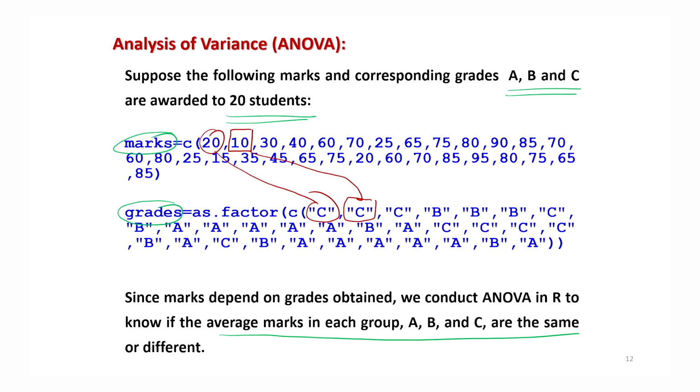For example, both these students who have got marks 20 and 10 have been given the grade C, whereas somebody who has obtained marks 60 has got the grade B, right. And another student who has got marks 40 has also got the grade B, right. So, this happens in every class, that the grading is done with alphabets based on certain ranges of marks.